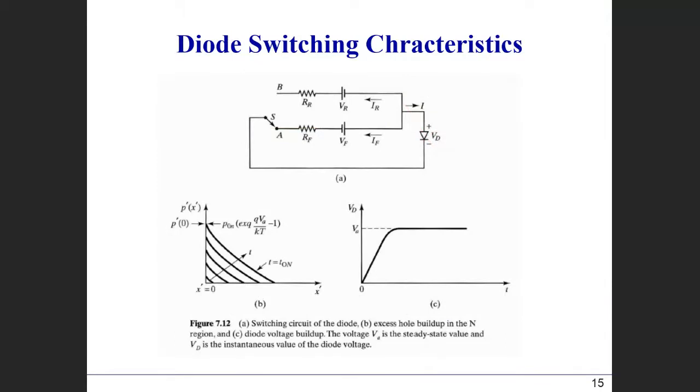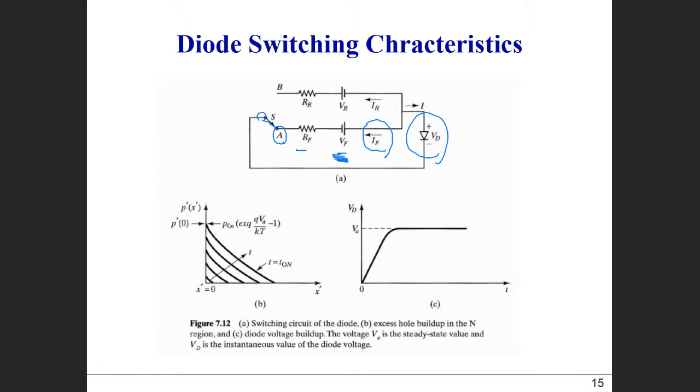Now this is another example. Initially, let's say you have a diode. This is a PN diode. Initially, the diode switch was applied to the A position, which means that this is the forward bias, so that the current is IF. Okay, so initially the diode was forward biased.